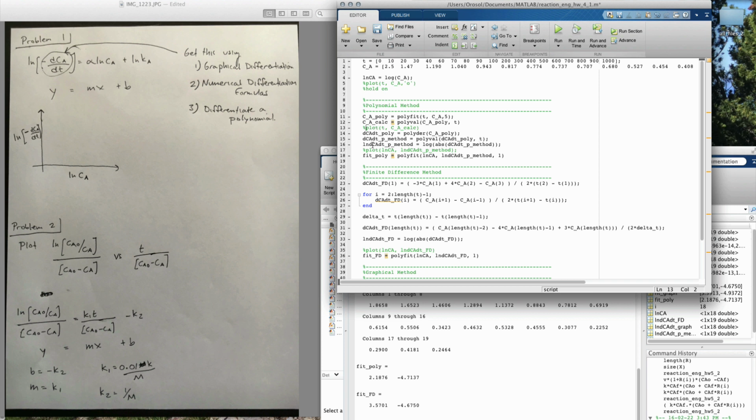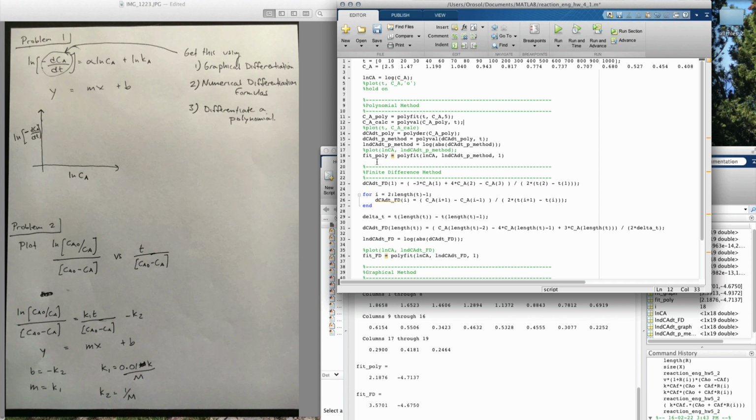Remember, I'm finding the dCA/dt, but I need to calculate that at each point. Then I take the natural log of it, so that's what I'm doing here. I'm doing this polyfit again, so now I have the natural log of CA and the natural log of dCA/dt using the polynomial method, and I'm fitting this with linear regression.